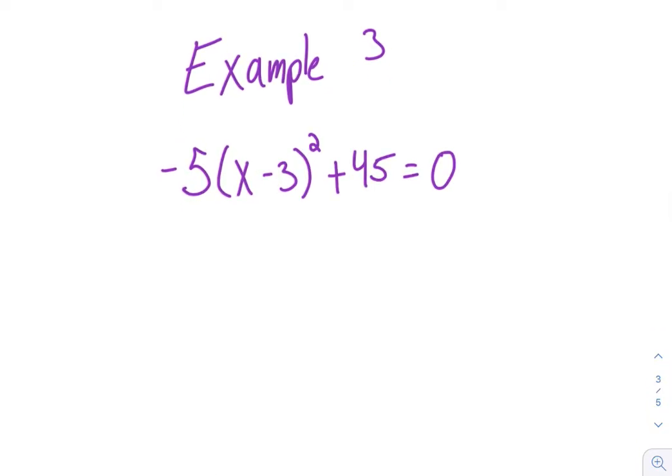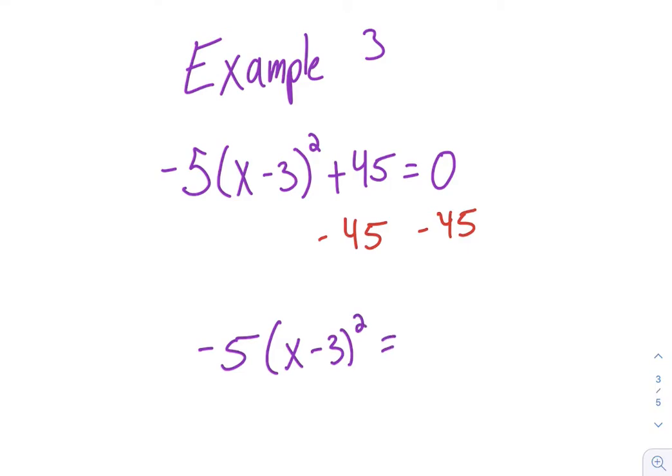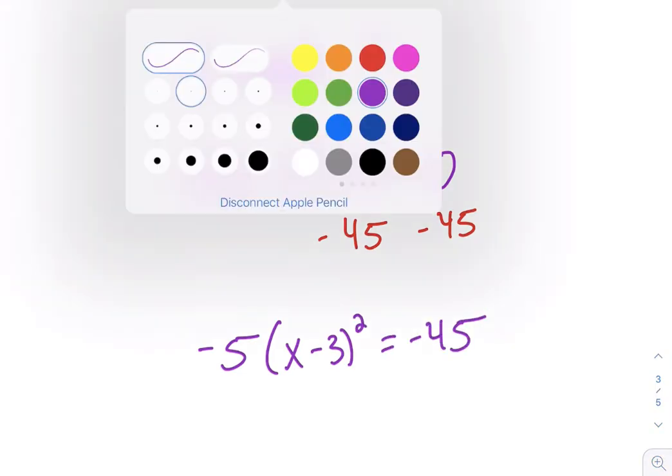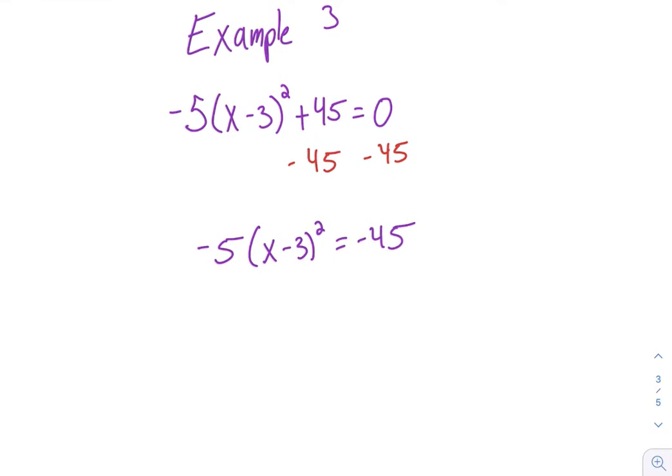It looks the same as the last example, except instead of 60, it's 45. So we're going to go ahead and go through this. So I'm going to subtract 45 on both sides. That gives me negative 5 times x minus 3 squared equals negative 45. Divide both sides by negative 5 to cancel that out.